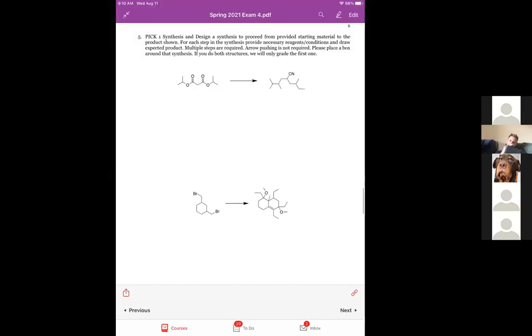Okay, this is a malonic acid synthesis here. So we need to add both of these weird looking components. So if we throw in, so in our final product, this one's a little tough to see.